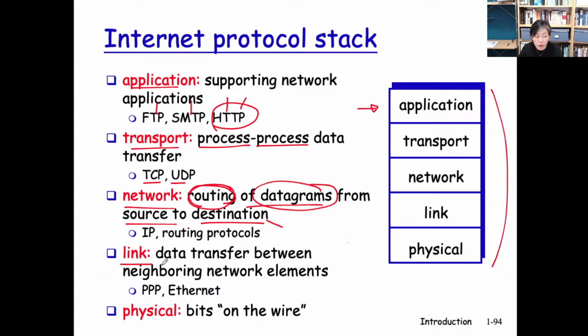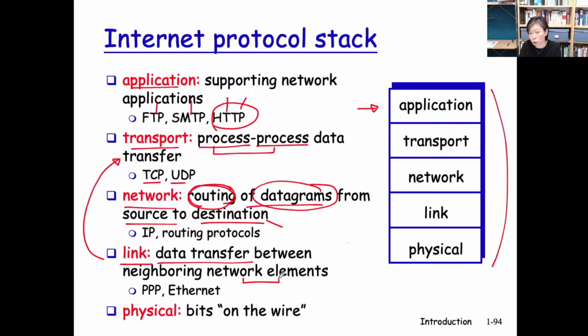Link layer protocols are also very special. Honestly speaking, they work a little bit like the transport layer protocols. Transport layer handles data transfer from one process to another. Link layer protocols also handle data transfer, but between one network element and another, one network hardware to another, or one network entity to another.